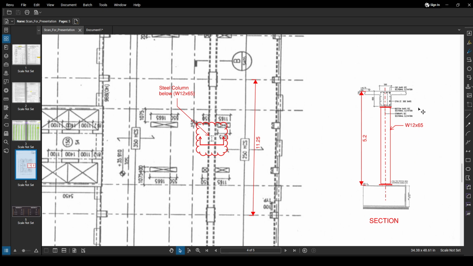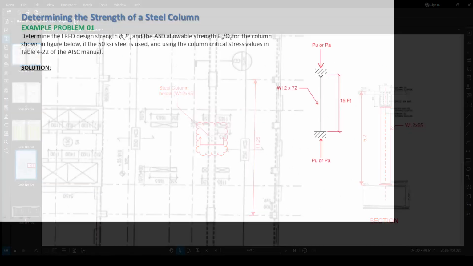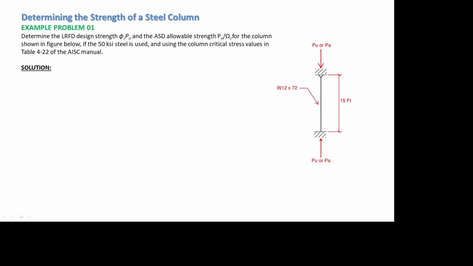The calculation for this column is very similar to the problem that we are going to solve right now. So, back to the problem. Let's proceed to the solution.